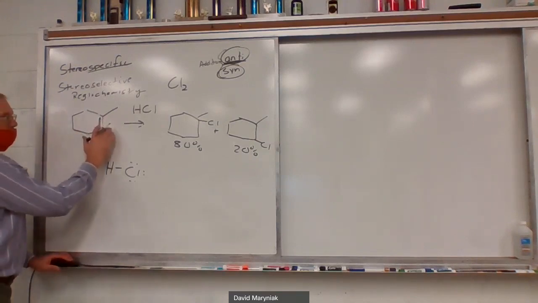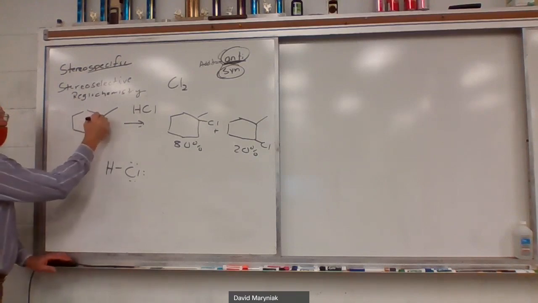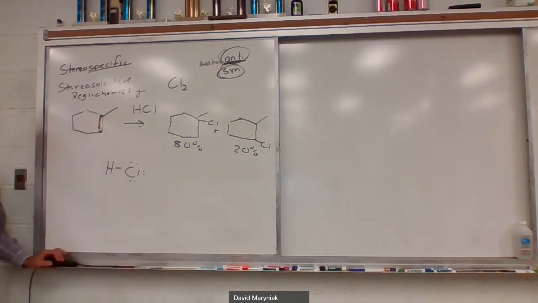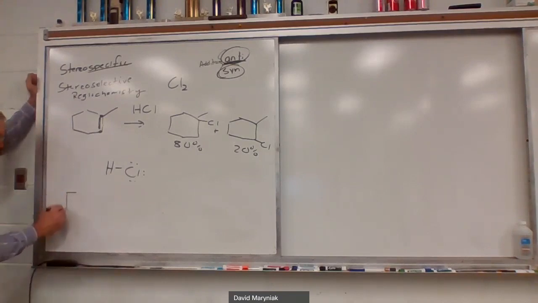And then you want to add that to which carbon? Which would you say is more negative, or said another way, is less positive? And that's very, very hard to see.